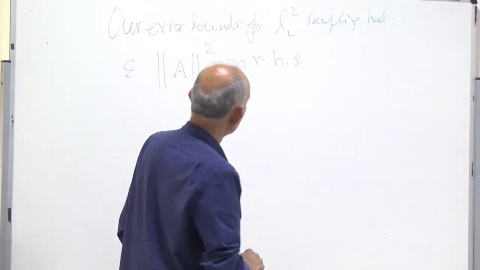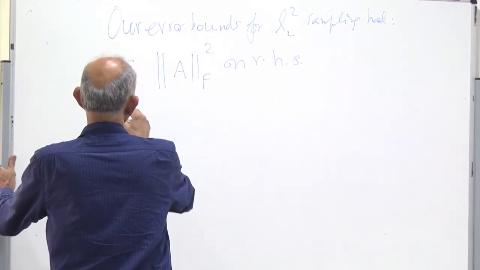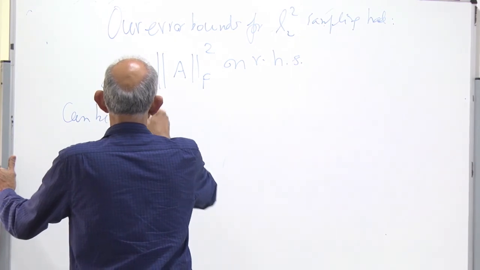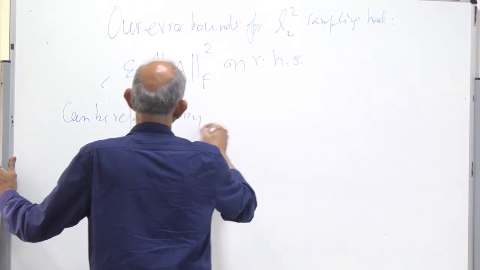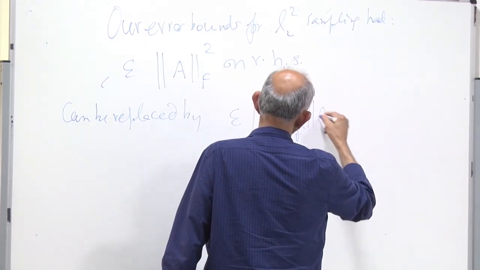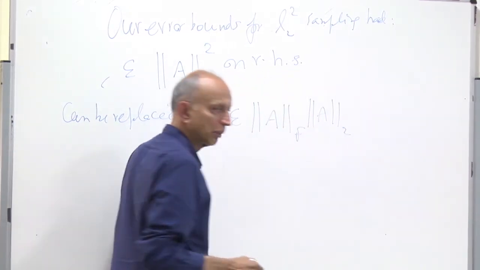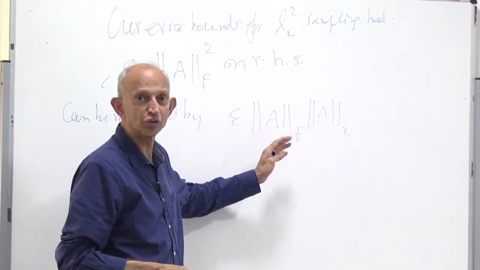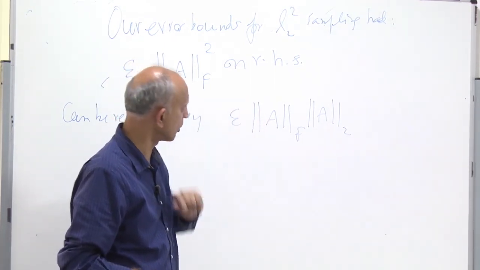That's correct, but what's true is that it can be replaced by epsilon times Frobenius norm times the spectral norm. So one of the Frobenius norms can be replaced by spectral norm. Now this looks just like an improvement going to another norm. It's not.